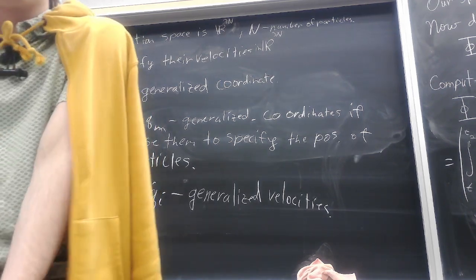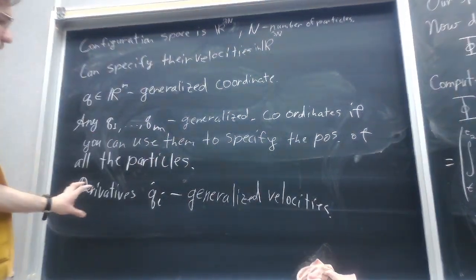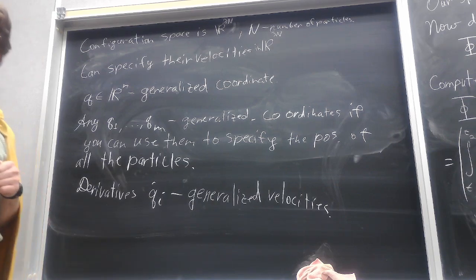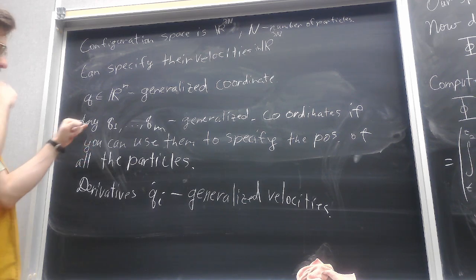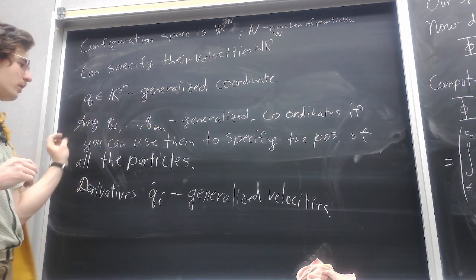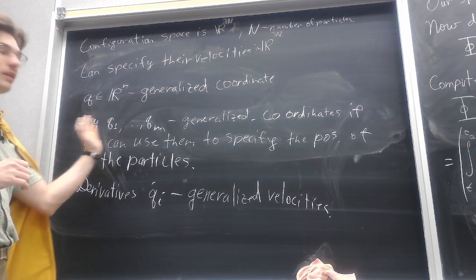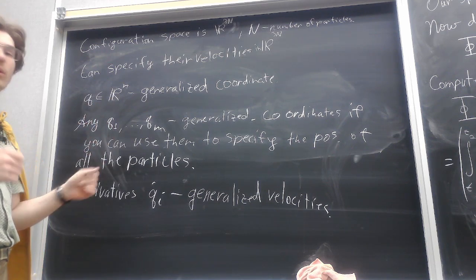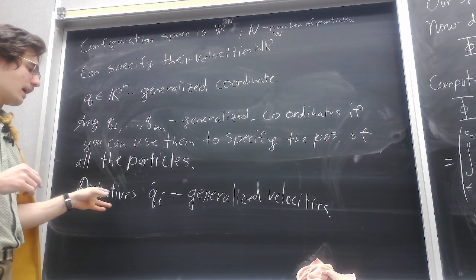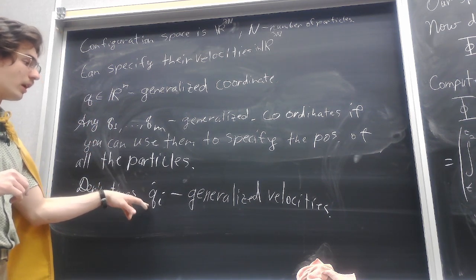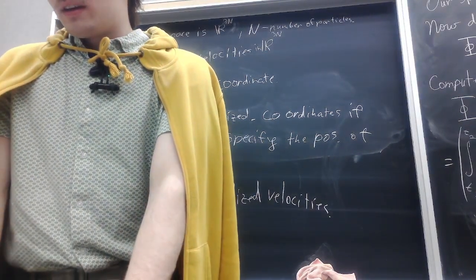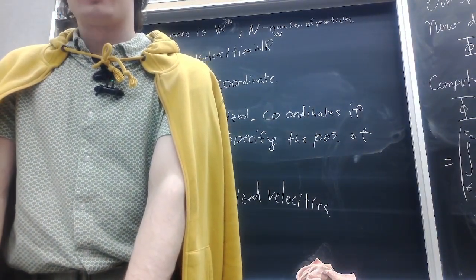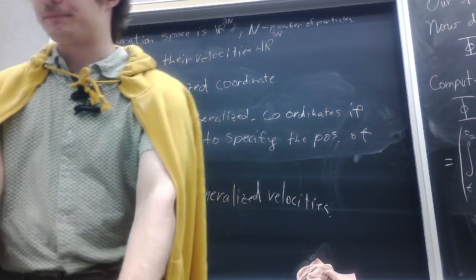But you can maybe use this to figure out what the velocity is in R n or wherever your particle is moving. So I'm going to define q1 up to qm as generalized coordinates if I can use these numbers to specify where all of my particles are at. And their derivatives, qi dots, we'll call generalized velocities. Okay? Makes sense.